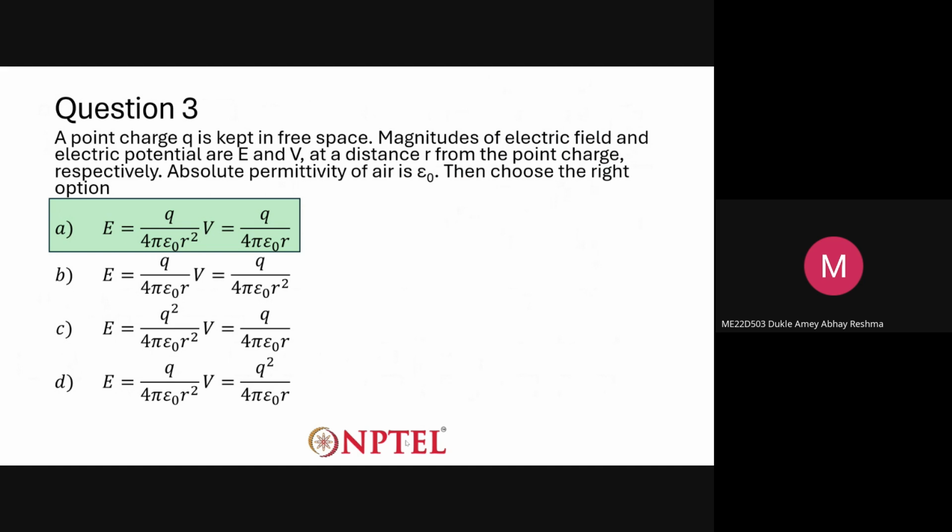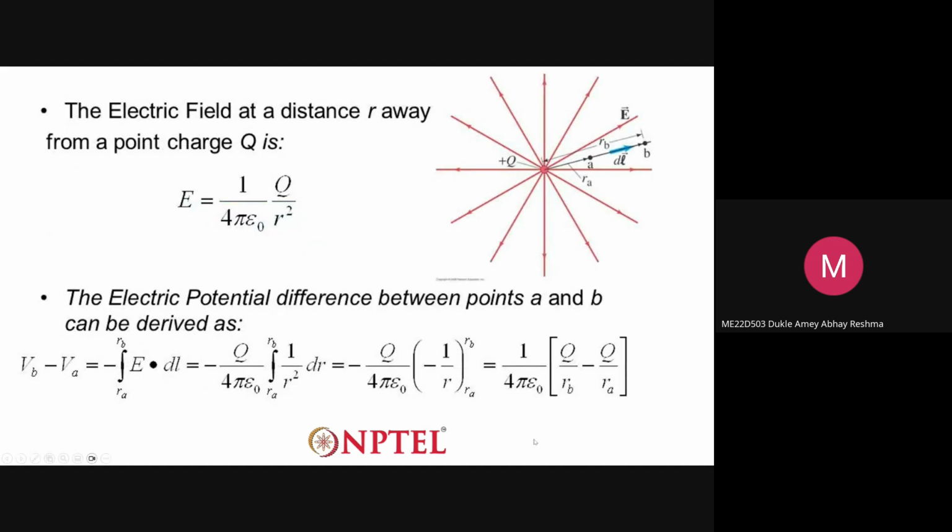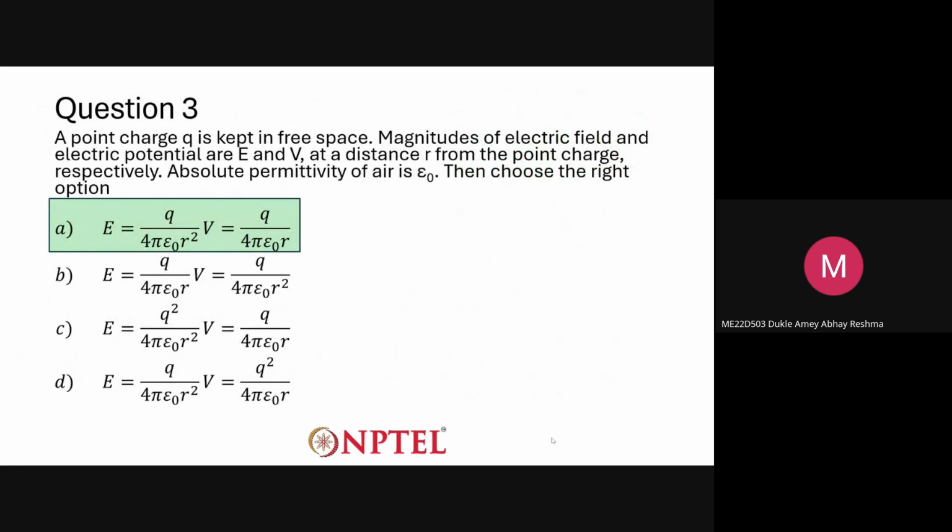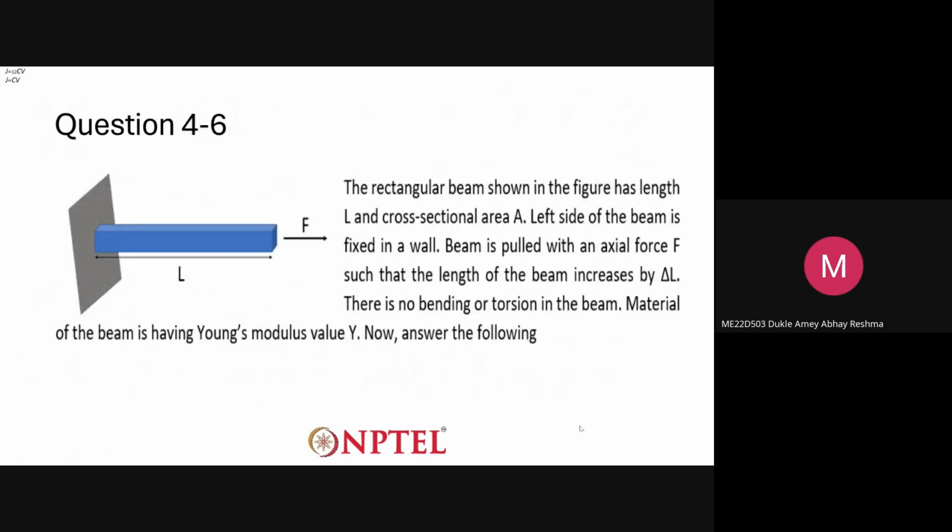Since here we are taking the point charge, we are taking RA as infinity, so the answer we get for the potential is Q upon 4 pi epsilon naught R. So let's move to the next question.